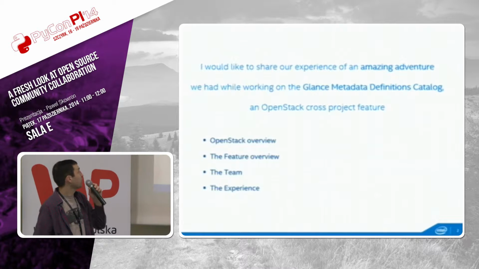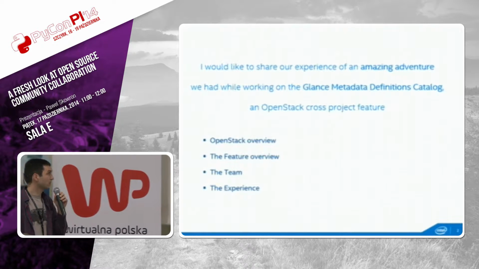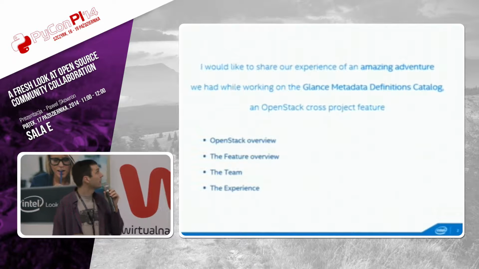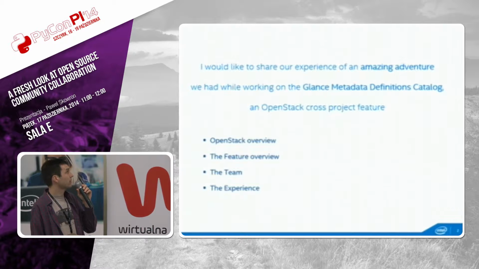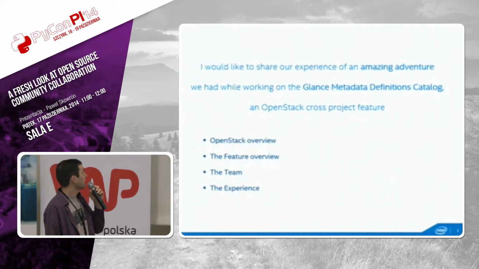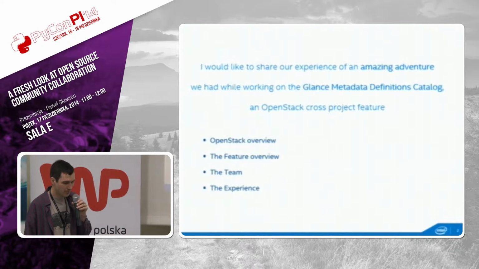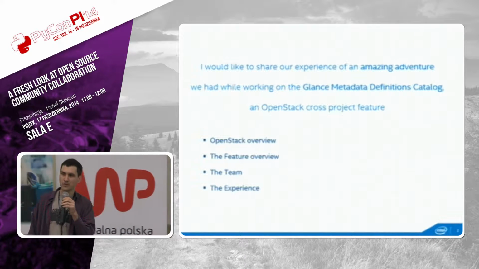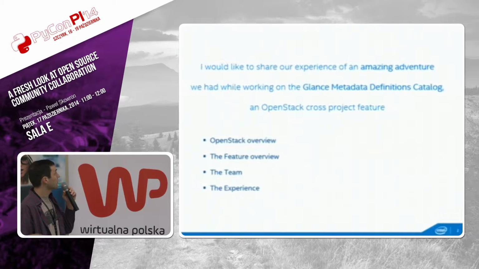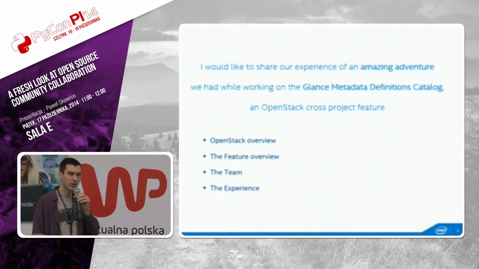I would like to talk to you today about the experience we gathered during the Glance Metadata Definitions Catalog feature. This is a feature in OpenStack, and this is about open source community collaboration. I'm going to first talk a little bit about OpenStack as an example of an open source project.